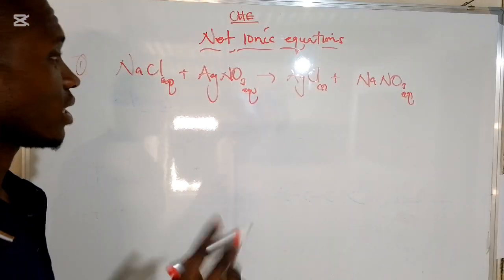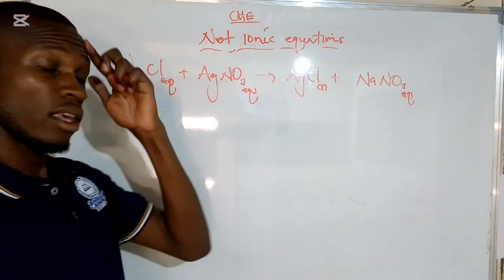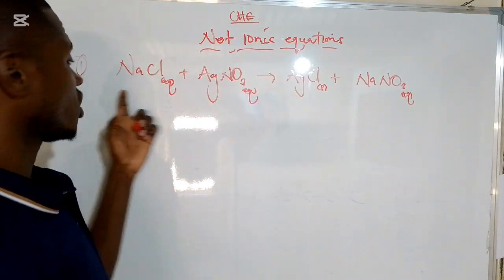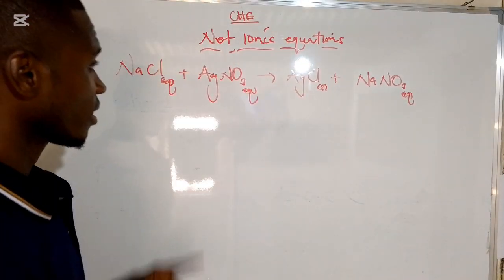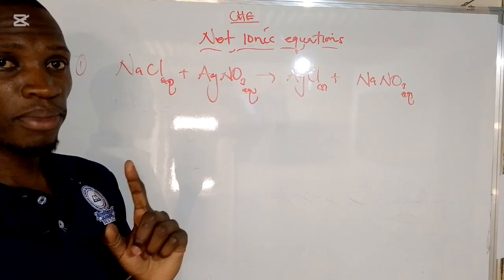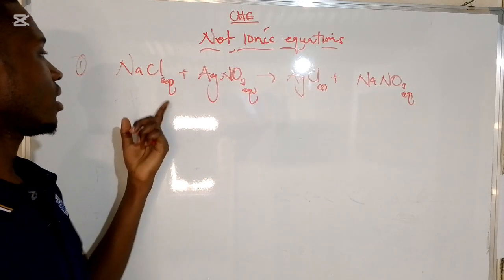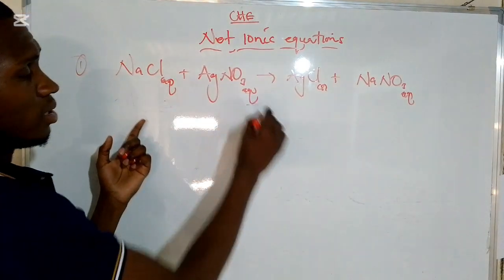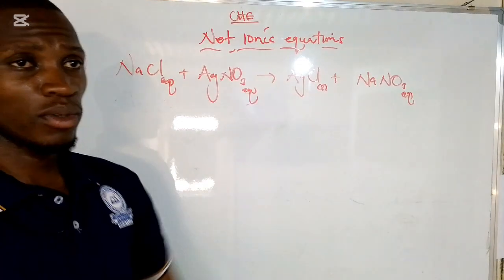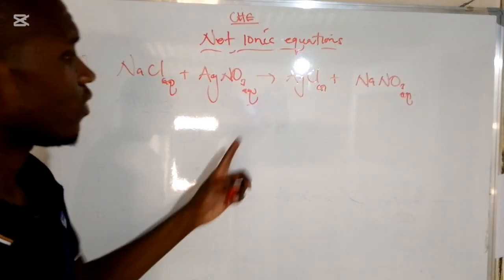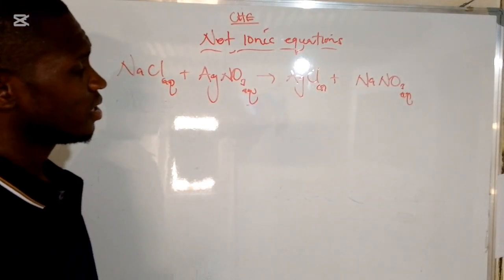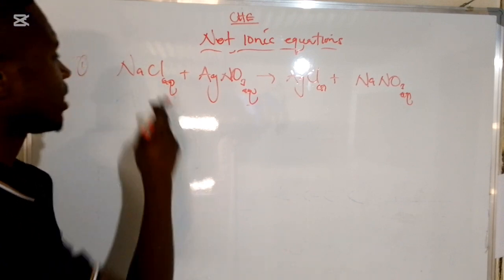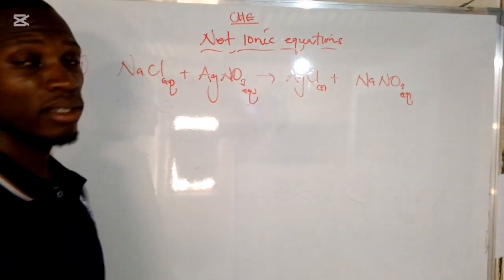So whenever I write a balanced chemical equation which will also require the ionic equation, the first thing is that you need to understand four things. Number one, the equation must be balanced, so we need to check if this equation is balanced. Number two, we look at the compounds which are in aqueous state. This one is in aqueous, this one in aqueous, also that one in aqueous. Then the third point is to split those which are found in aqueous.